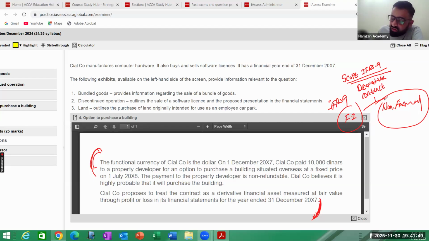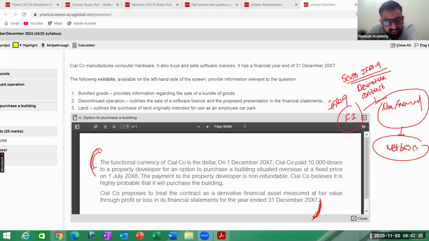Now, if you have a derivative contract on a non-financial item, it can be included in the scope of IFRS 9 if the intention is to settle the contract on a net basis, on a gain and loss basis. If in a non-financial derivative contract, the business has the intention to take the physical delivery of the non-financial item as per the need of the business, then it is an executory contract.